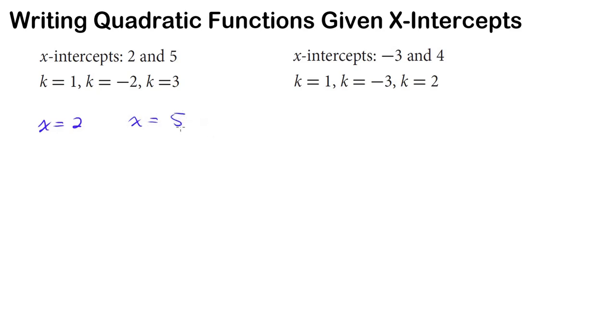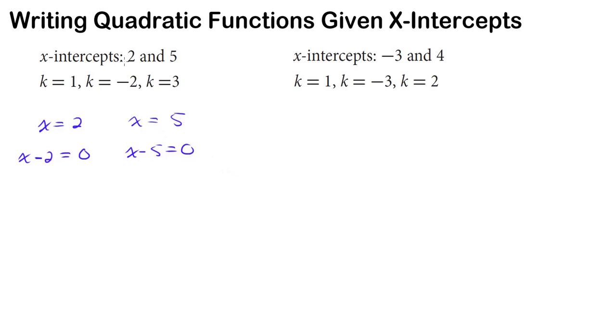Now think about where that came from. This x = 2 came from the equation x - 2 = 0. And then what did we have to do? We had to add 2 to both sides to solve for x, and we ended up with x = 2. The same way this x = 5 came from the equation x - 5 = 0, because 5 - 5 equals 0.